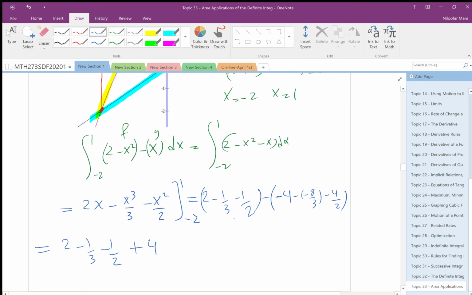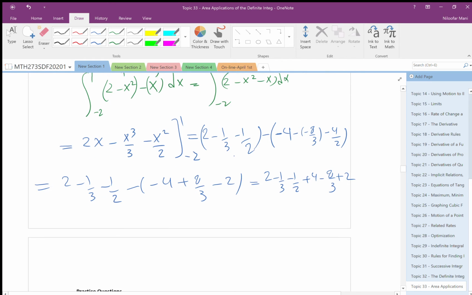Okay, so I can do step by step. Now I can do 2 minus 1 over 3 minus 1 over 2 plus 4 minus 8 over 3 plus 2.